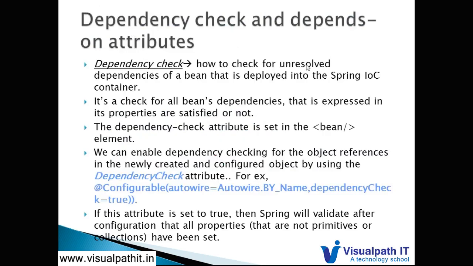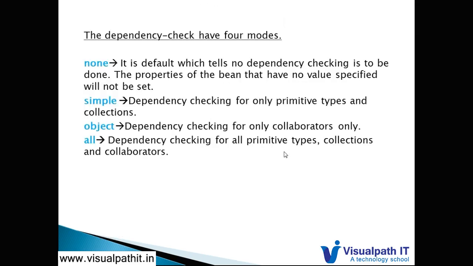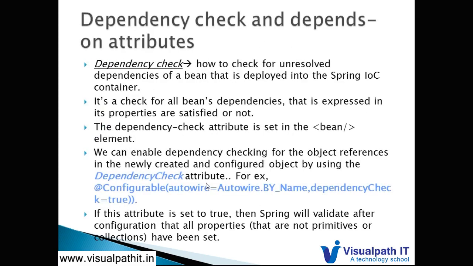Next is the dependency check and the depends-on attribute. What exactly is dependency check? It is to check for unresolved dependencies of a bean that is deployed into the Spring IoC container. There are different modes of this dependency check. Let's see them one by one.